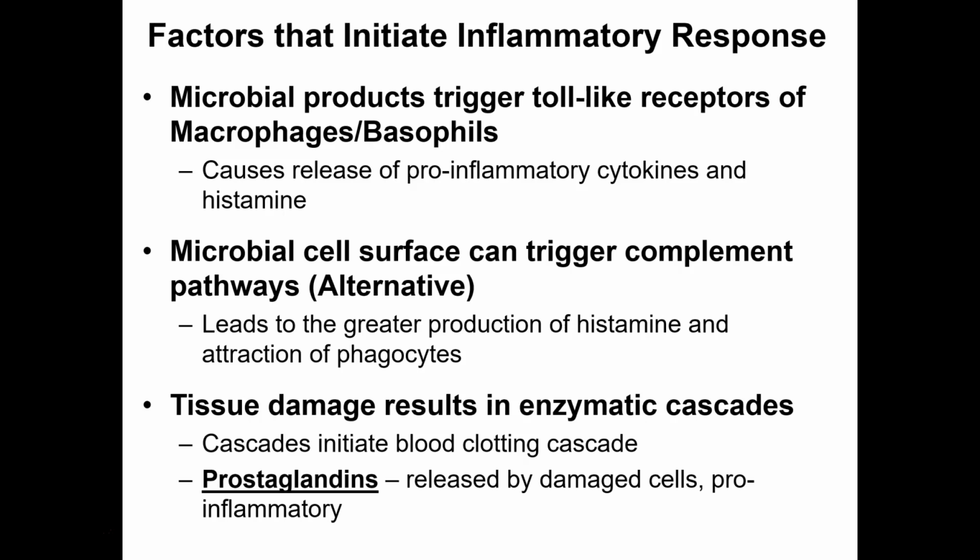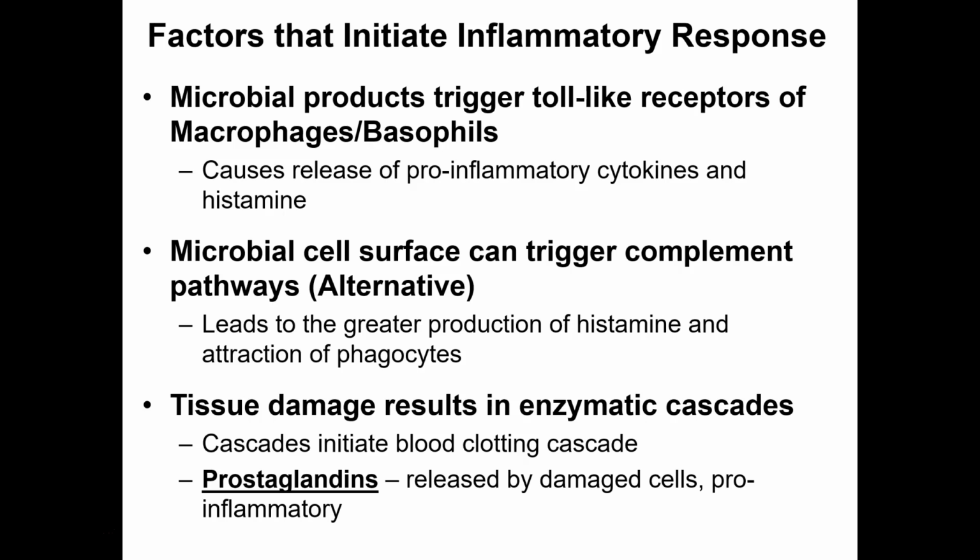So white blood cells can trigger inflammation. Basophils alone, basophils' primary job is to trigger inflammation. So if they pick up pathogenic PAMPs, then they will also start producing lots and lots of pro-inflammatory chemicals.